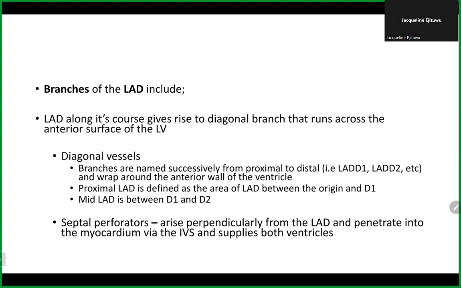So the septal perforator branches usually arise perpendicularly from the left anterior descending artery, and they penetrate into the myocardium via the interventricular septum to supply both ventricles.